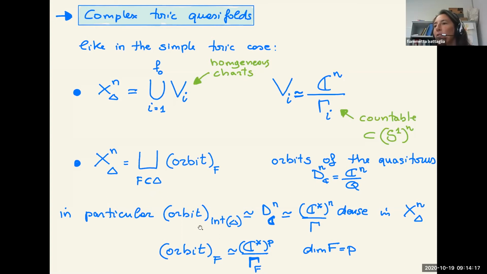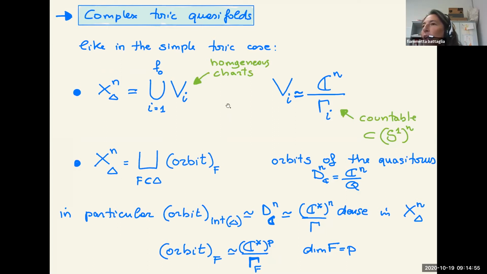And again, we have a dense open orbit that corresponds to the quasitorus, and then there are the smaller orbits that are indexed by the faces. So the big dense orbit is (C*)^n modulo, again, a countable group, and the smaller orbits are (C*)^p modulo, again, a countable group.